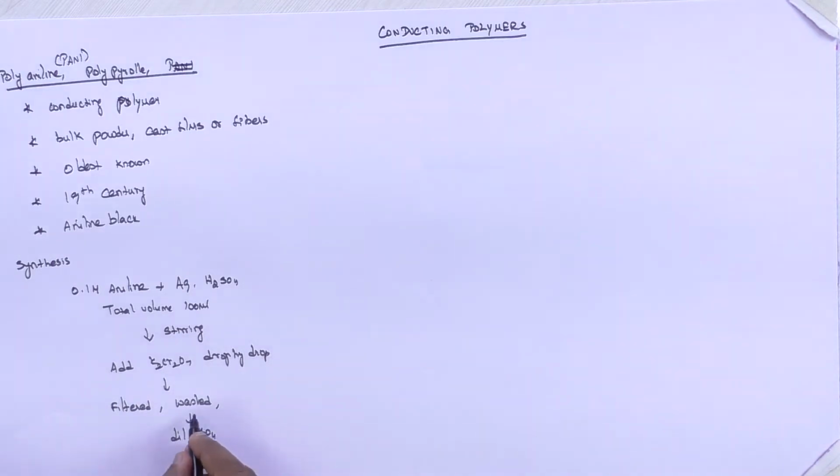Then dry it at 60 degrees centigrade in vacuum for 12 hours, which will result in your emeraldine salt, which is polyaniline.